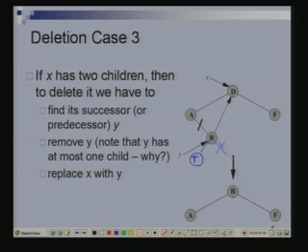So, B has only one child or no child, this need not be there. B or Y is the same thing, Y is the reference and B is the content. Sometimes I am calling it B, sometimes Y, but this has at most one child.